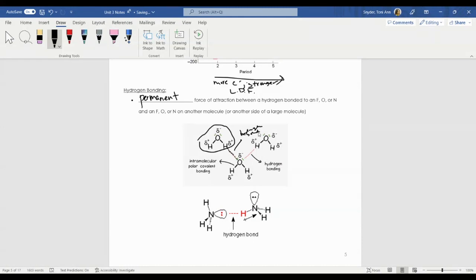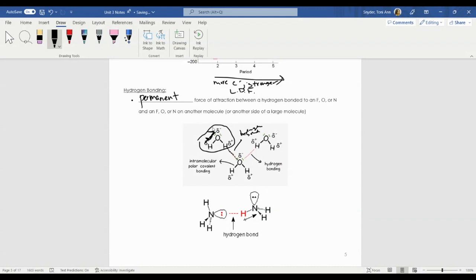Because oxygen is so electronegative, this type of force of attraction is stronger than a dipole-dipole. So this oxygen-hydrogen bond is more polar than an oxygen-sulfur bond. This would have more electrons going towards oxygen, which is what makes these really strong dipole-dipole intermolecular forces.